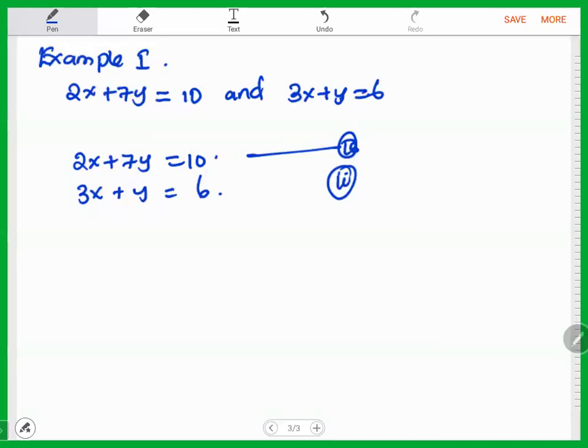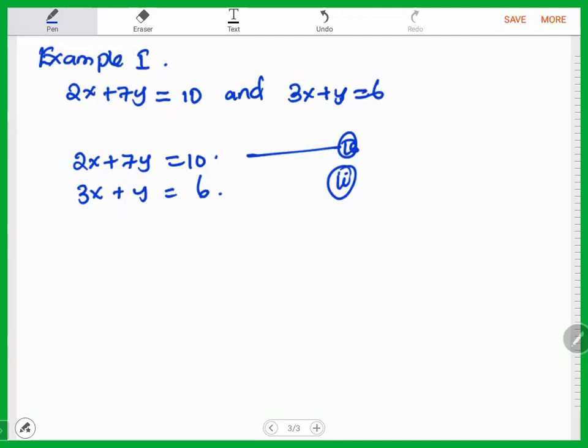You can choose to eliminate x first, or you can choose to eliminate y. Whatever you have chosen, you can always get the answers right. Now, if someone says I eliminate x, I'm going to look at the coefficients.